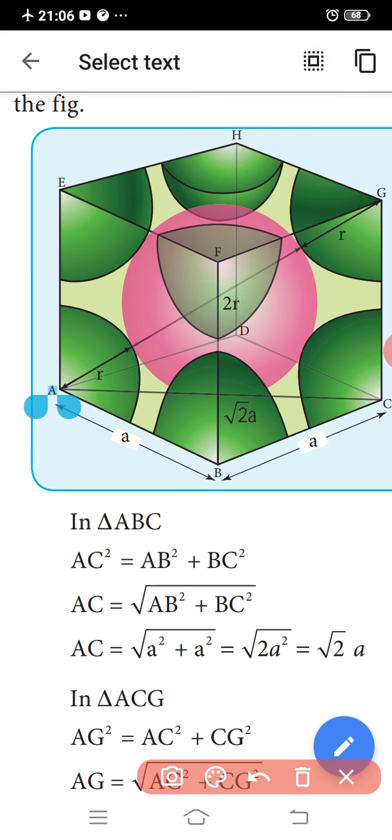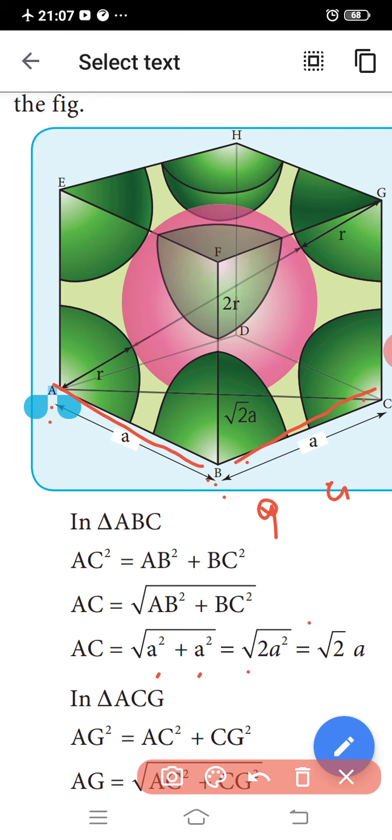The AB value is A, and the BC value is A. So AB squared is equal to A squared, and BC squared is equal to A squared. So AC is equal to root of A squared plus A squared, that is root of 2A squared.